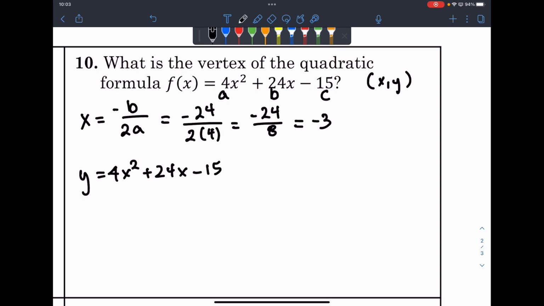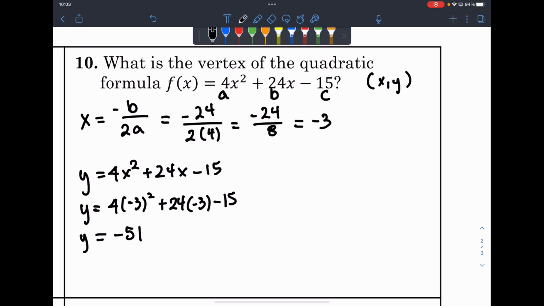And we know that x is negative 3. And then just simply typing this into our calculator, we're going to end up with a total of negative 51. So that's your y value. So the vertex is negative 3, negative 51.